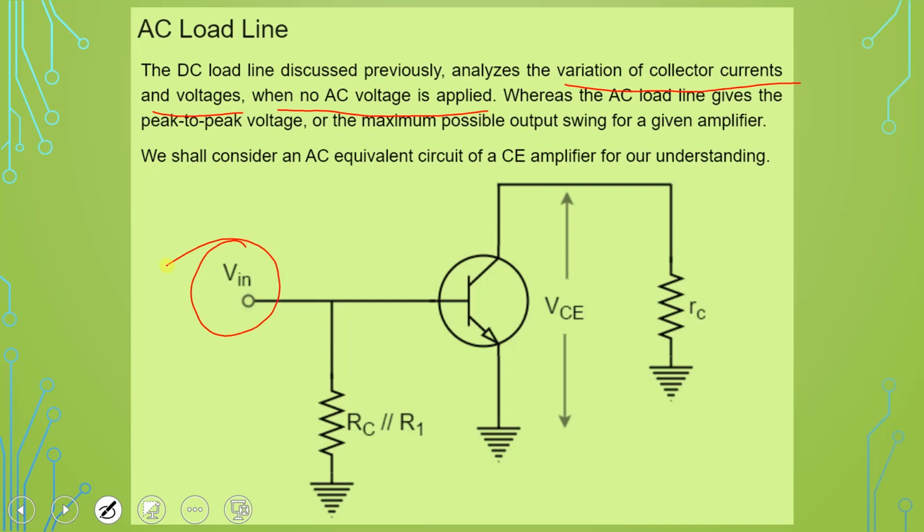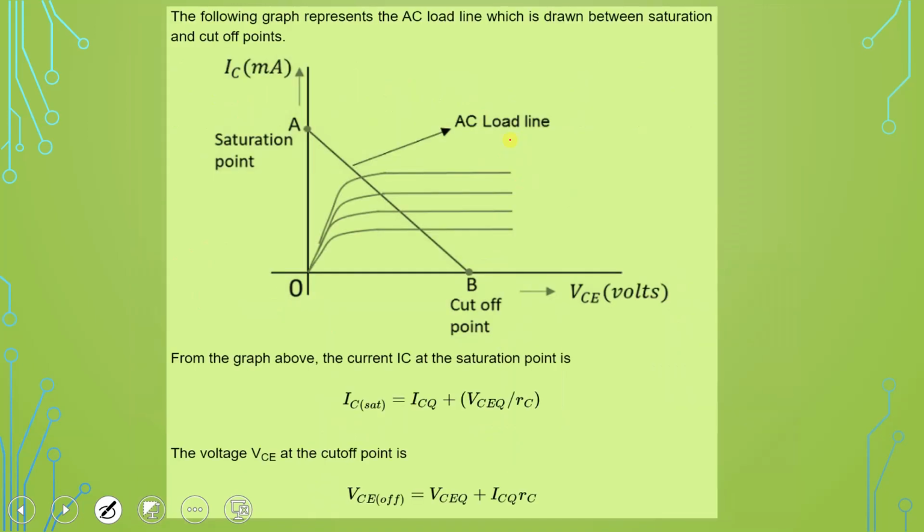Okay, so this is the equivalent diagram of a CE amplifier. CE means common emitter amplifier. This is the graph representing the AC load line, which is drawn between saturation and cutoff points. Okay, so how will we get these saturation and cutoff points?